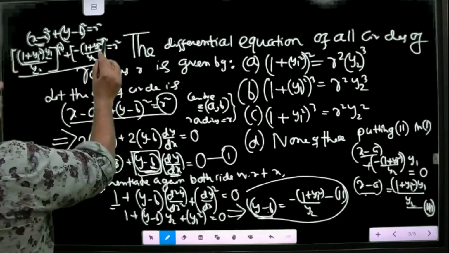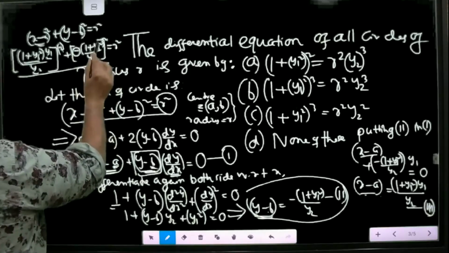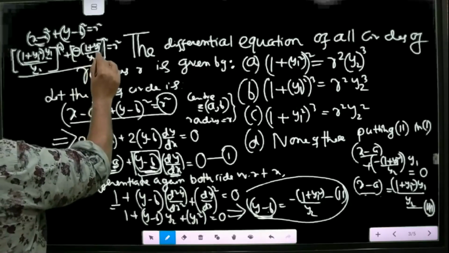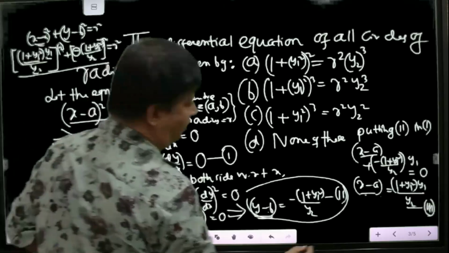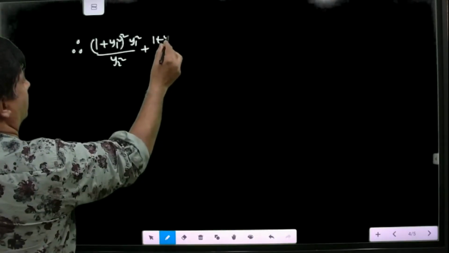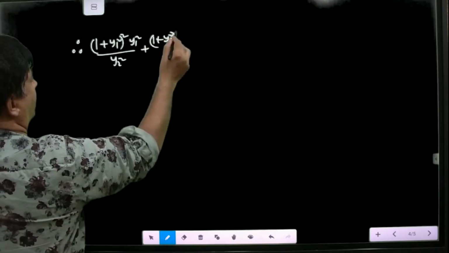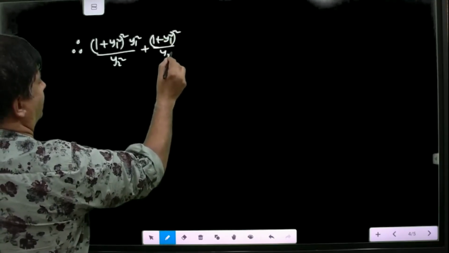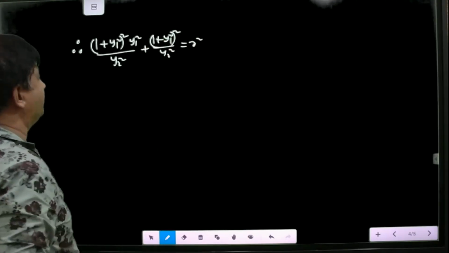See this part, this minus sign will be absorbed. (1 plus y1 square) whole square by y2 square, plus (1 plus y1 square) whole square by y2 square is equal to r square.